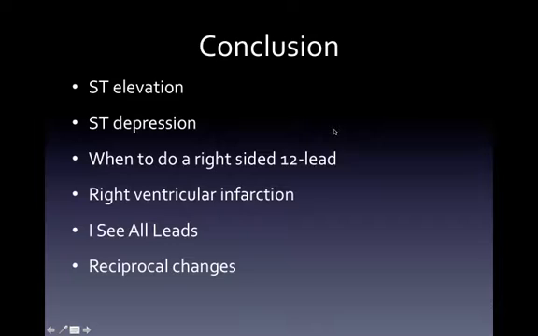Alright, so in conclusion, do we understand what ST segment elevation is? ST segment elevation identifies a transmural event, and it identifies the location of the actual injury. ST segment depression identifies a partial thickness event, or is a reciprocal change of our primary injury zone. When do we do a right-sided 12 lead?